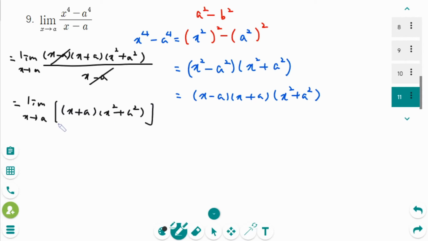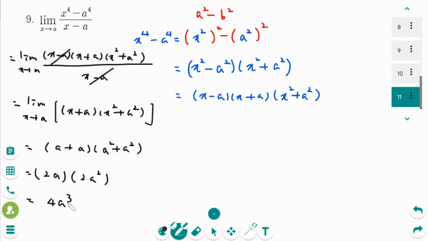Then put a into x. So a plus a, then a squared plus a squared, equals 2a times 2a squared, which equals 4a cubed. That is the answer.